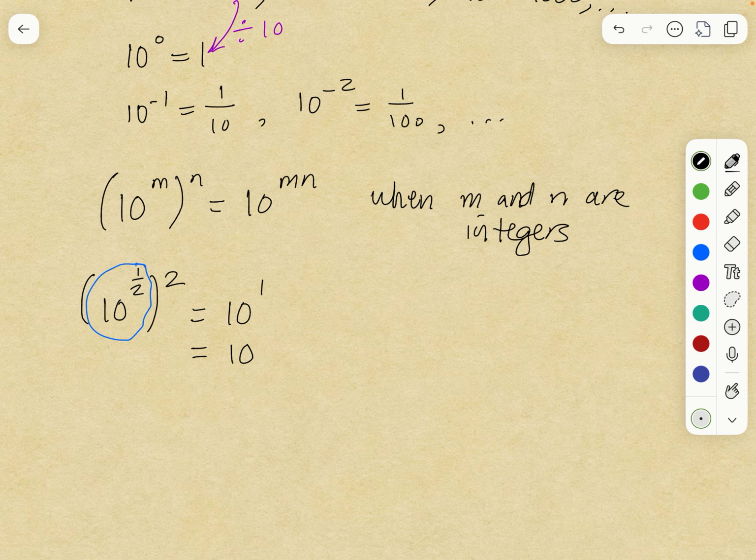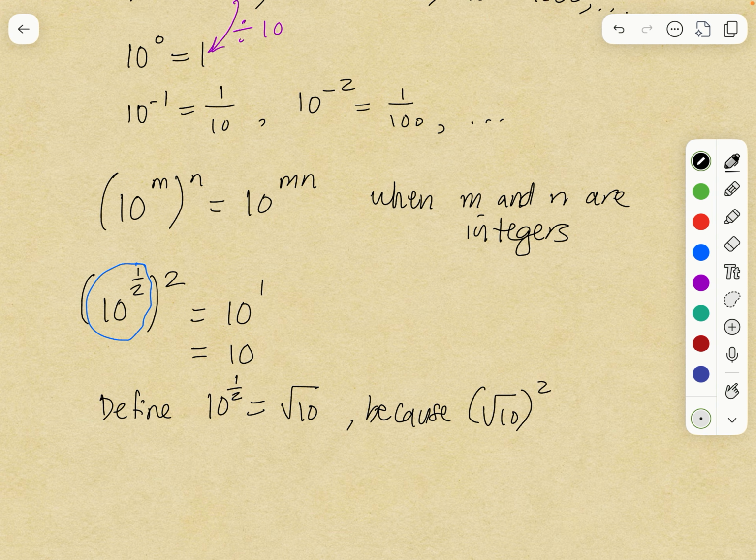And so it's natural to make this symbol, 10 to the 1/2 power, be the square root of 10, because this is the positive number whose square is equal to 10.